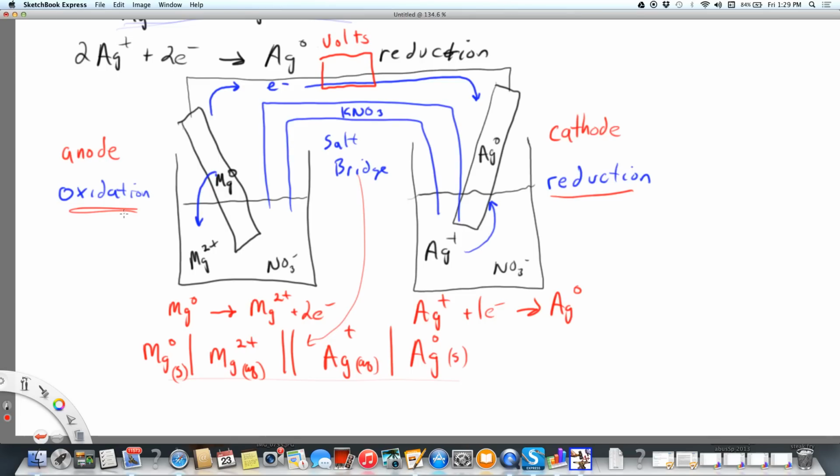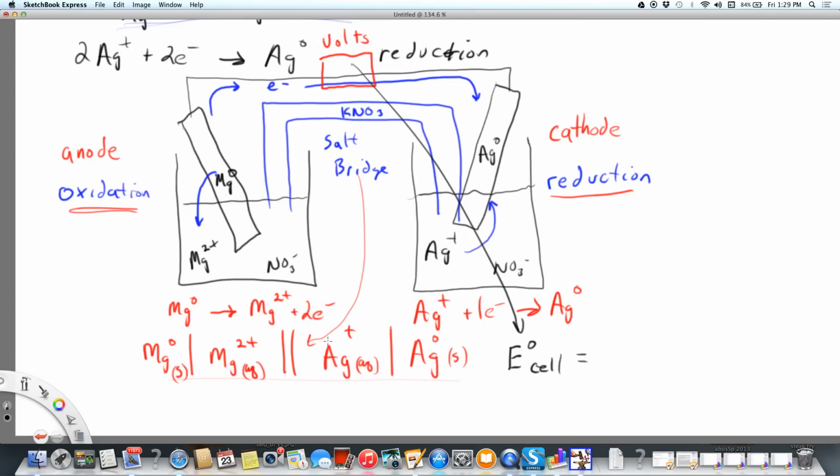Okay, one more thing and we're done. I want to figure out what is the voltage, and that's what we call E0 of the cell. What's the voltage? What would the voltmeter say in volts? Okay, and there's a little table that we can look up the half cell of silver and the half cell of magnesium at 1 molar.